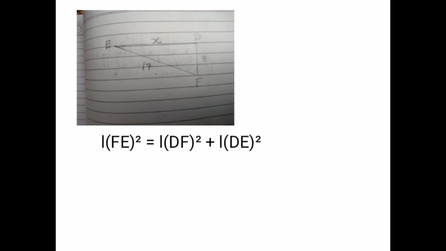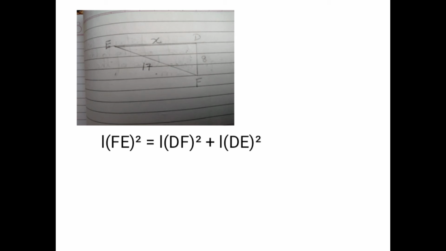Length of FE square is equal to length of DF square plus length of DE square. FE square is hypotenuse, DF square is side 1 and DE square is side 2.